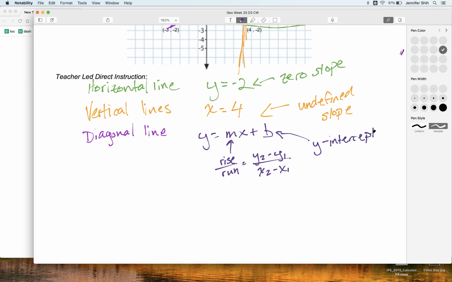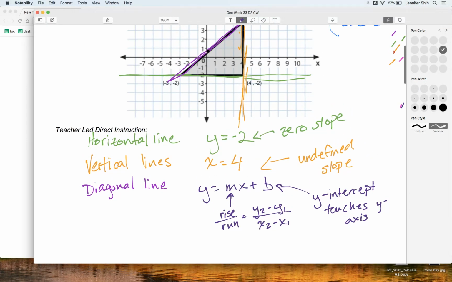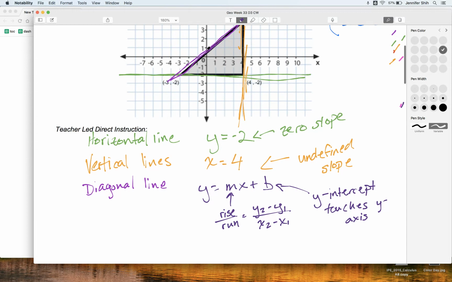In the other videos or in Algebra 1, you learned this is where the line touches the y-axis. In this case, we don't know what the y-intercept is. It's somewhere between 0 and 1, but I don't know the exact number. So we have to calculate it.